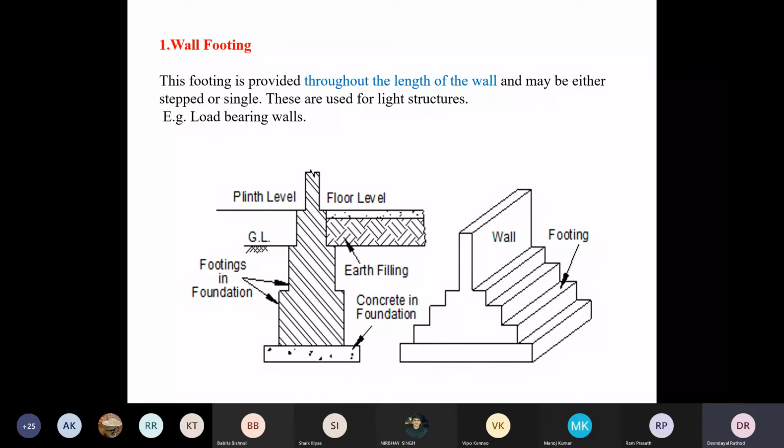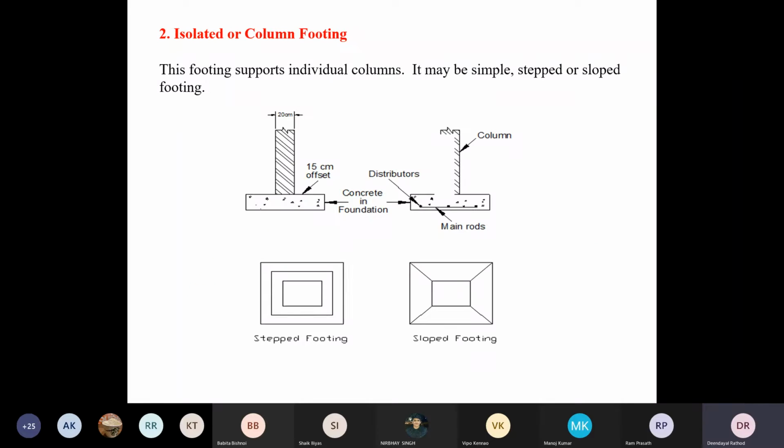Along the wall they go for a footing, and over the wall directly they place the slab. Okay, so there are no beams and columns here. So these walls are called load bearing walls.